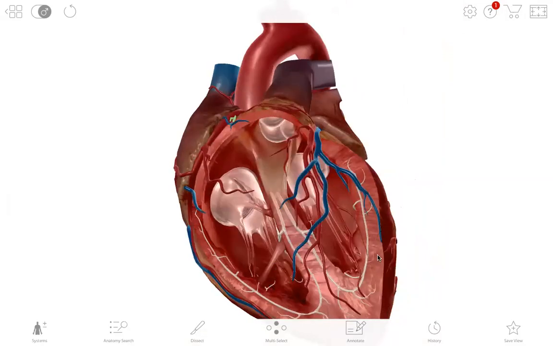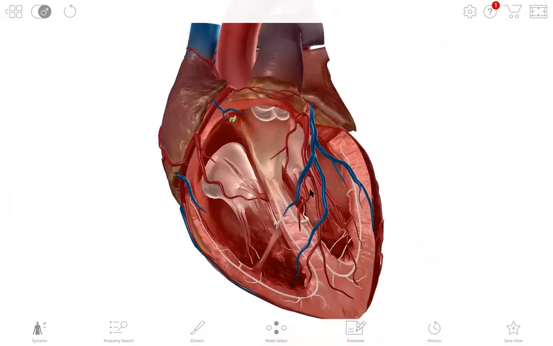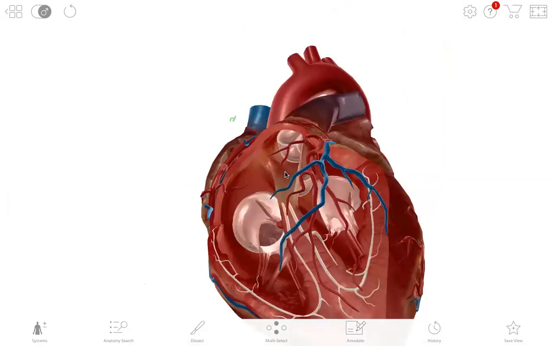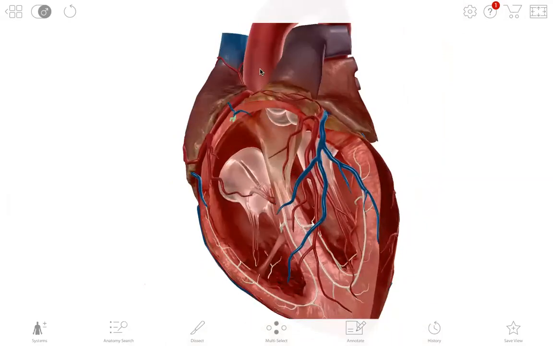The left ventricle will pump the blood through the aorta, to the arch of the aorta, then the descending thoracic aorta to the systemic circulation. This is, quickly, the circulation of the blood inside the heart.